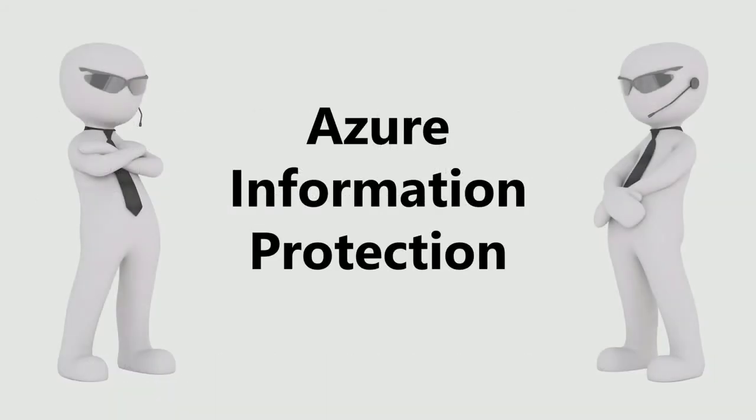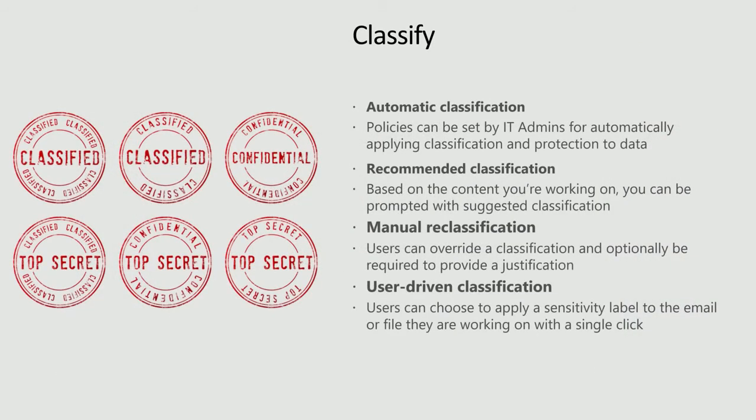So let's take a look at information protection with Azure Information Protection. The first thing we need to figure out is to classify. We need to classify, and the classification is to put it in compartments, right? That type of information, that type of information, and that type should have something more. So classify, we just make sure that we understand the information. It's labeling, right?